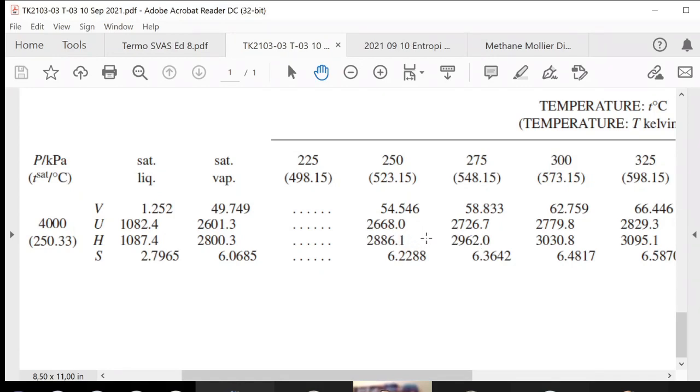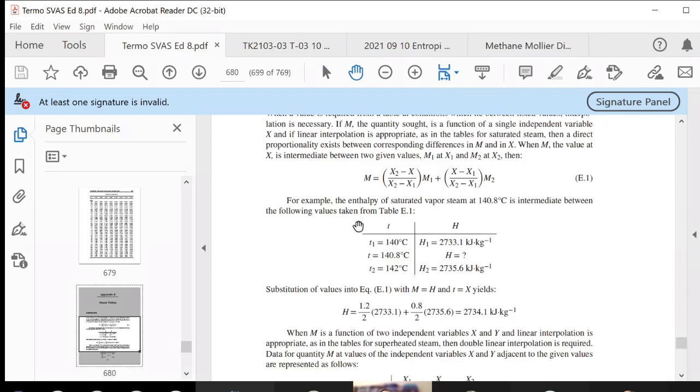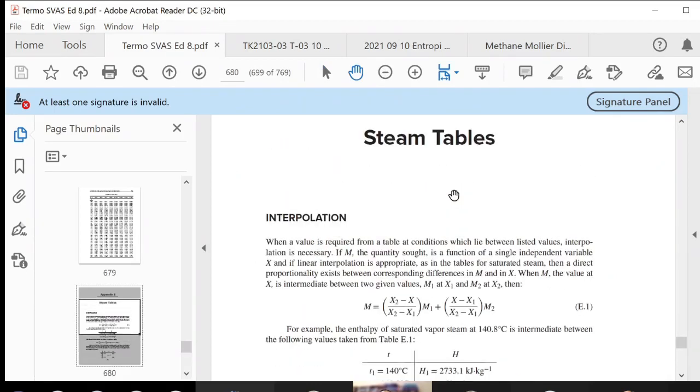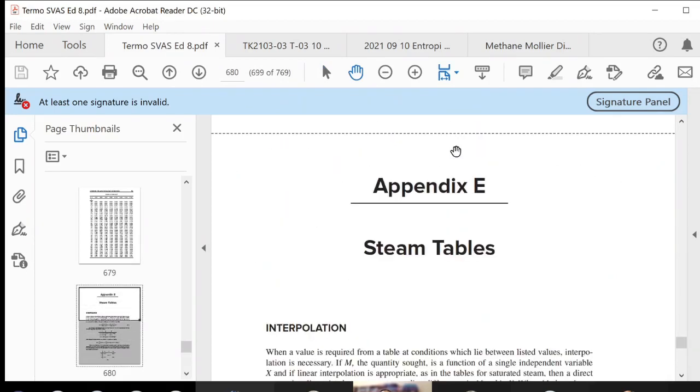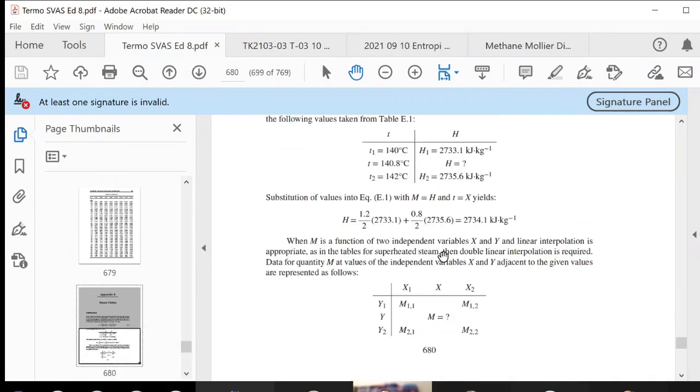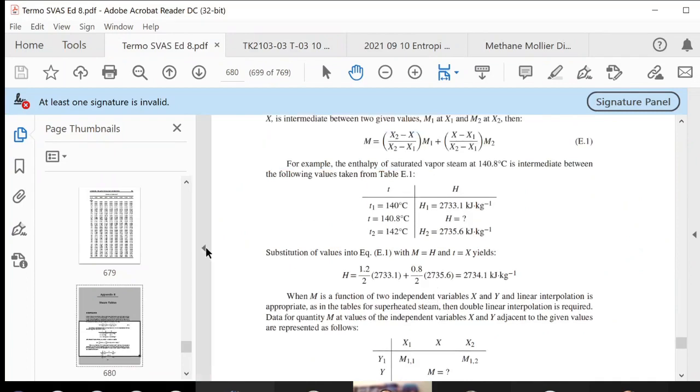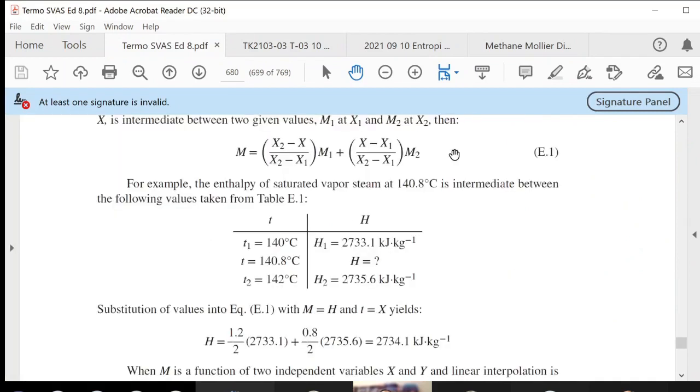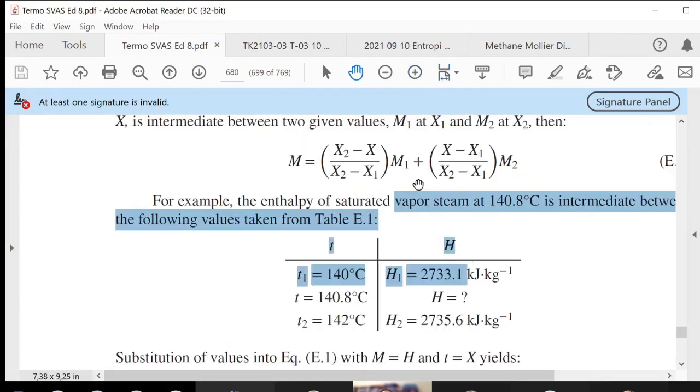To be exact, we have to do the interpolation or extrapolation. In the textbook, Appendix E, page 680, there are the procedures for the interpolation. Let me go through it quickly.